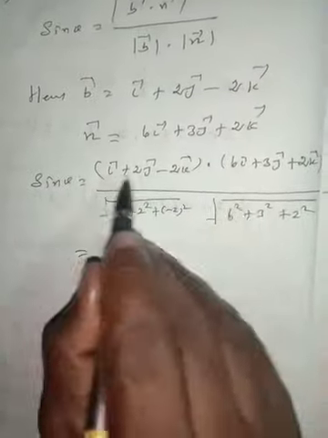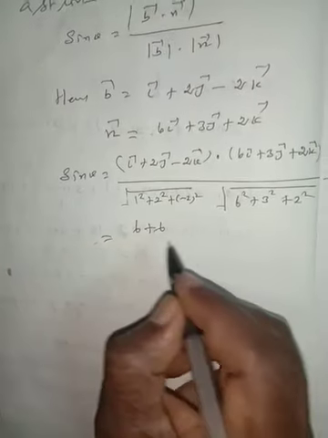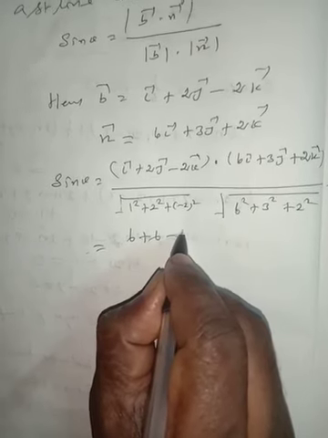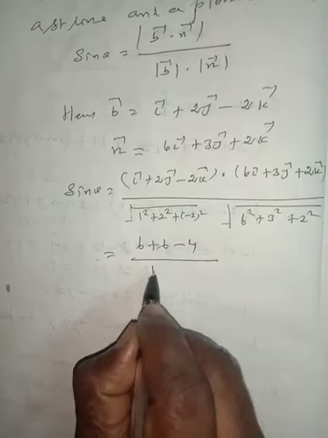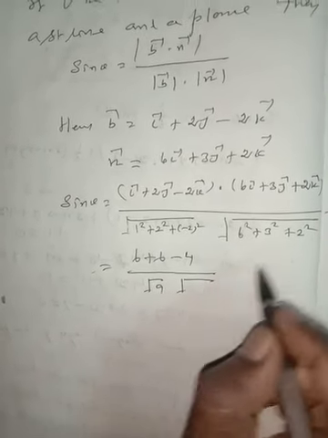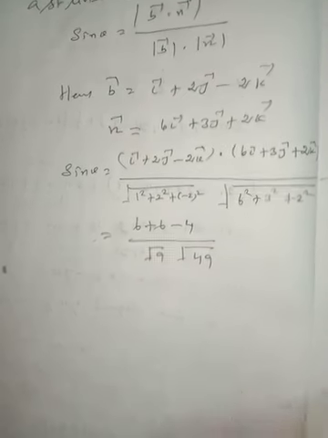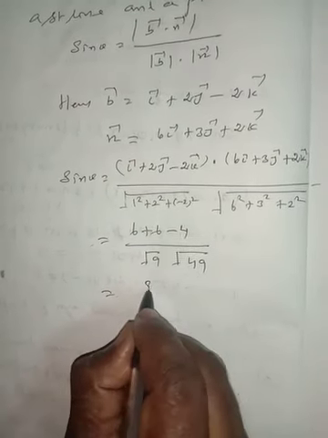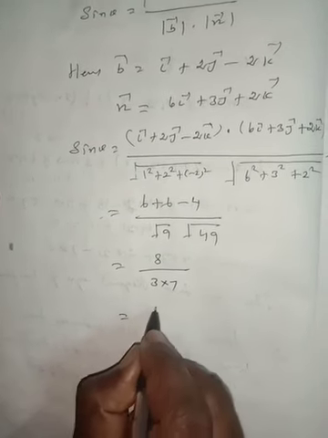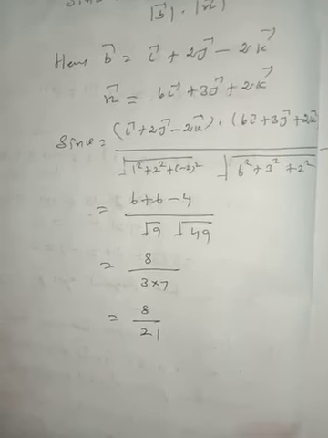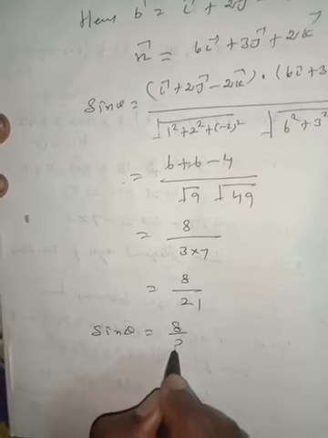We know that i dot i is 1, j dot j is 1, k dot k is 1. Therefore, 6 plus 6 minus 4 divided by root 9 into root of 36 plus 9 plus 4, which is 49. So 8 divided by 3 into 7 is equal to 8 divided by 21. Sin theta is equal to 8 divided by 21.